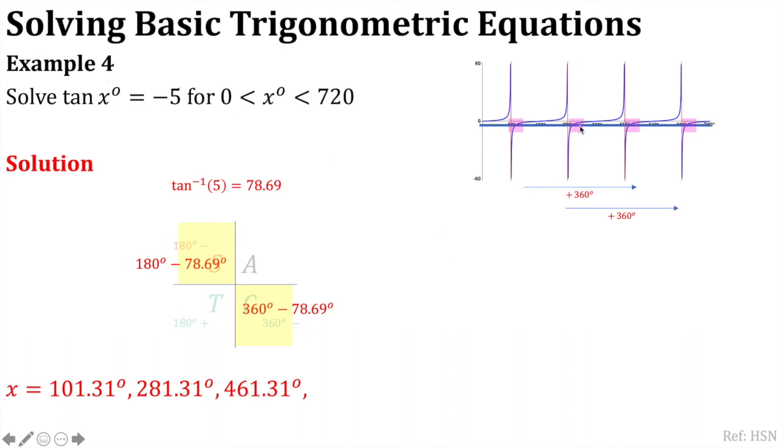Okay, for the second answer, 281.31, if we add 360 onto that, we will get 641.31. And those then, folks, are our four answers to the equation tan x equals -5.